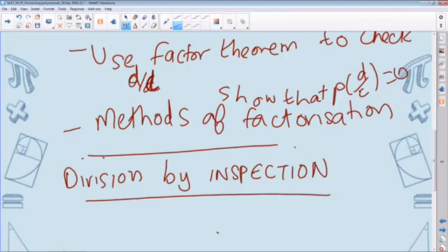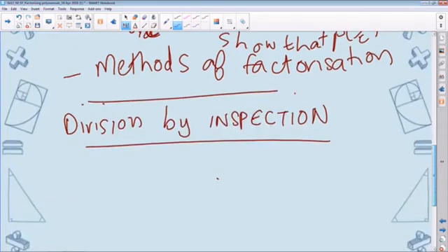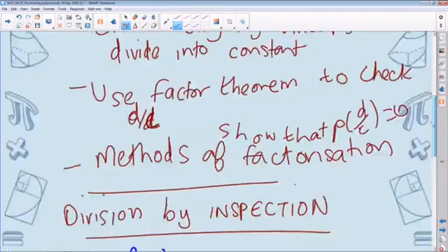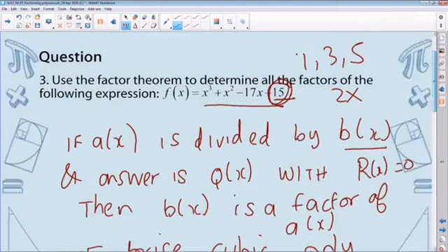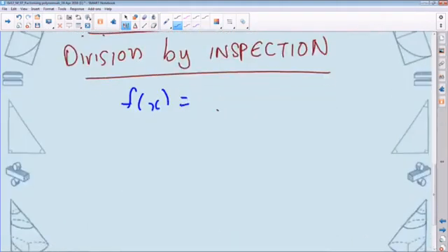We note here that they asked us to factorize, and f of x was equal to x cubed plus x squared minus 17x plus 15.